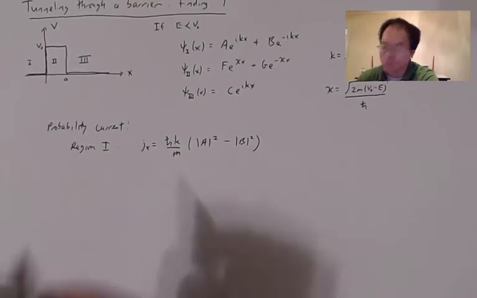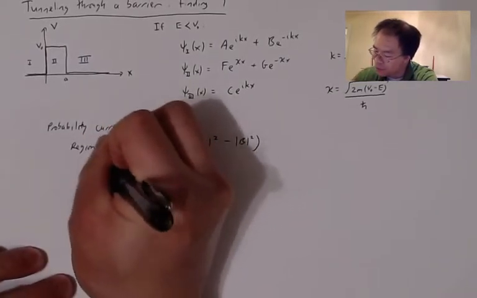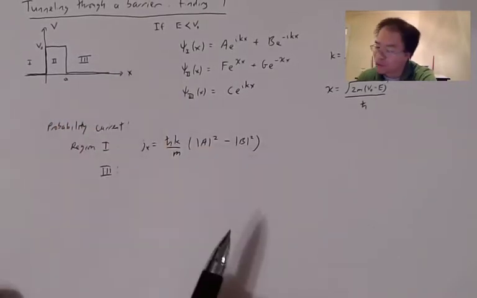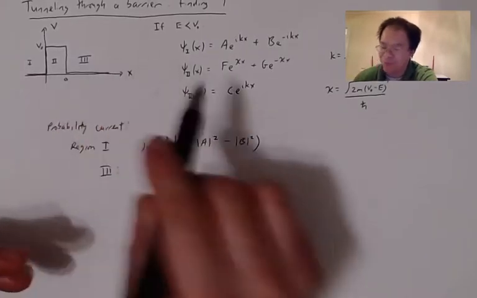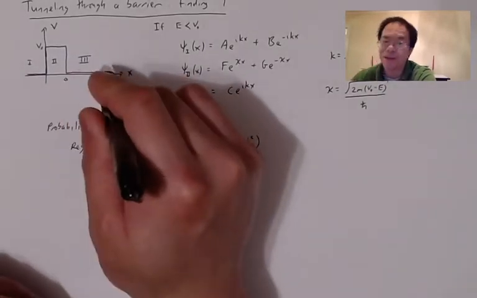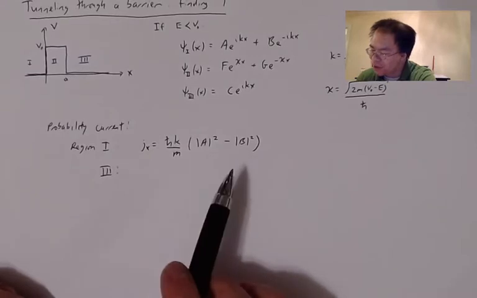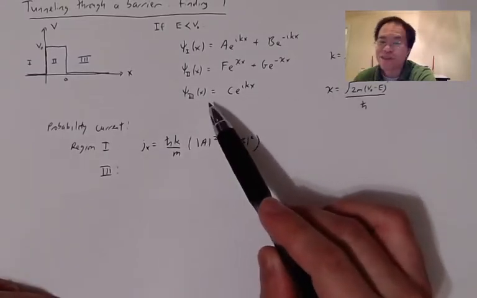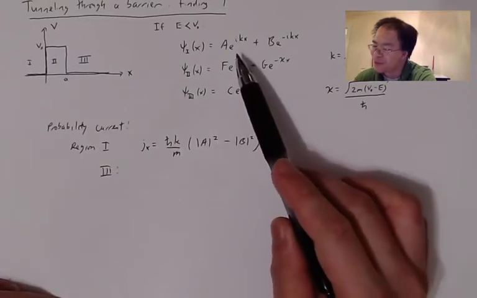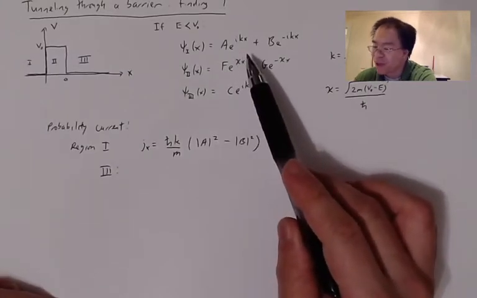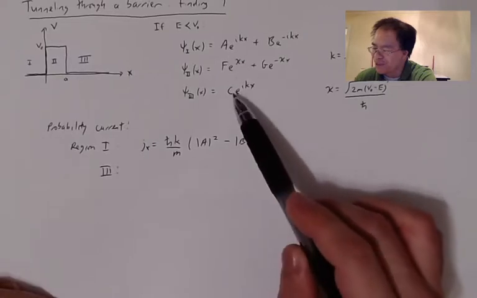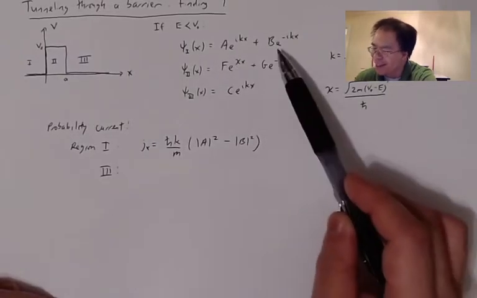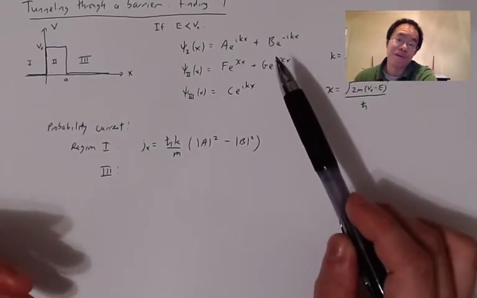We can write down the answer in region 3, which is what we care about for transmission, because we want whatever penetrates out to here, by just staring at this. Notice that the wave function in region 3 is basically the same form as in region 1, except the A has become a C and the B is equal to 0.